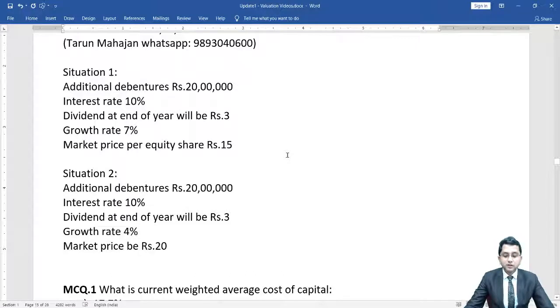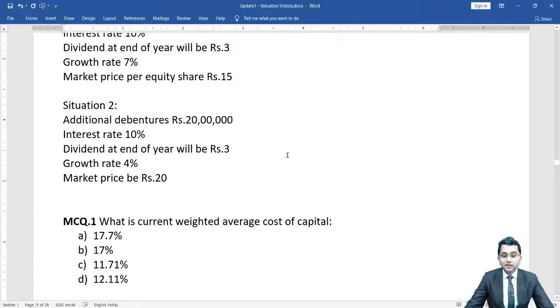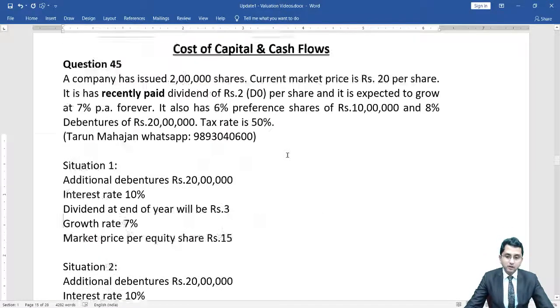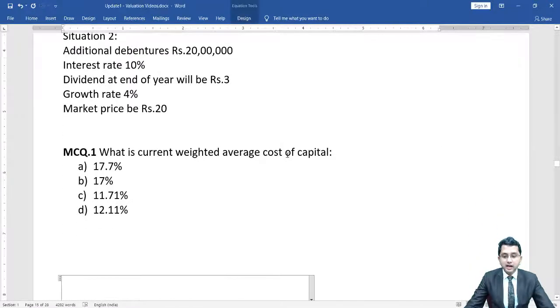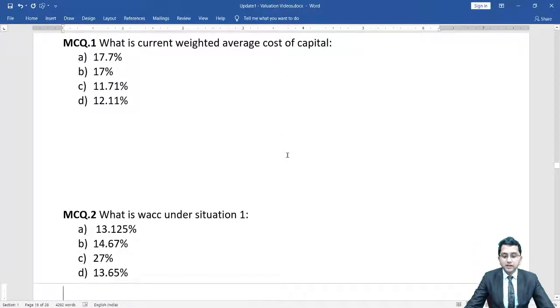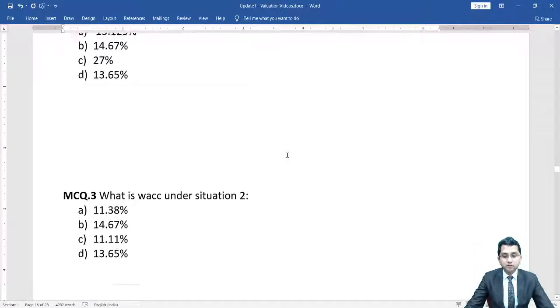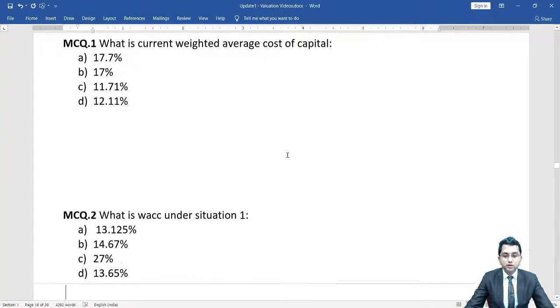So our first MCQ is, what is the current weighted average cost of capital? Look, if you want to do it yourself, 3 things are asked. What is current weighted average cost of capital? What is weighted average cost of capital under situation 1? What is weighted average cost of capital under situation 2?